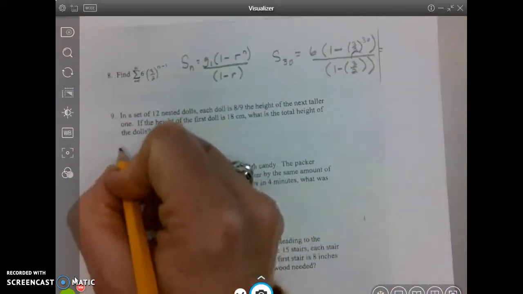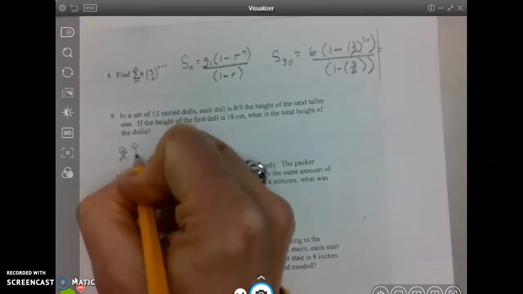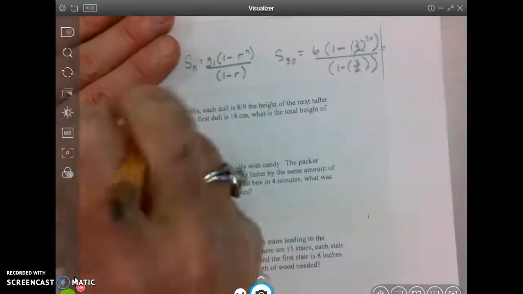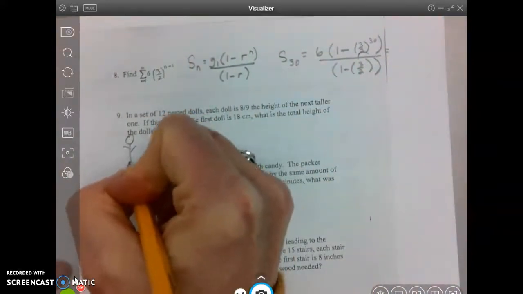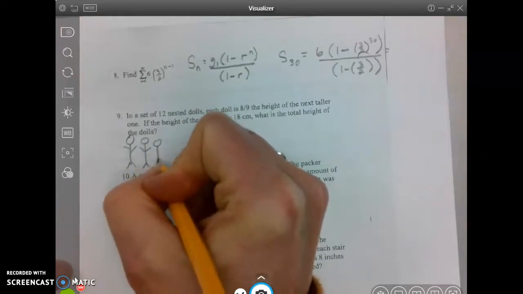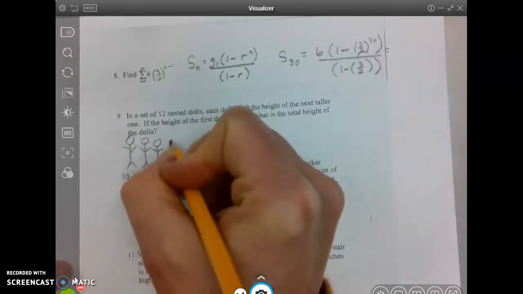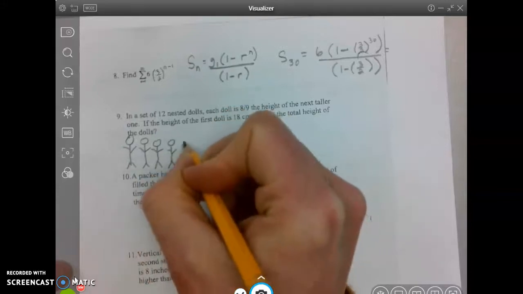So it's kind of like, okay, I'm going to draw stick figures here, and then each doll gets a little bit, well, actually, we start off with the biggest doll, that's what I should say, and then each doll is 8/9 the height of the previous. And so on.